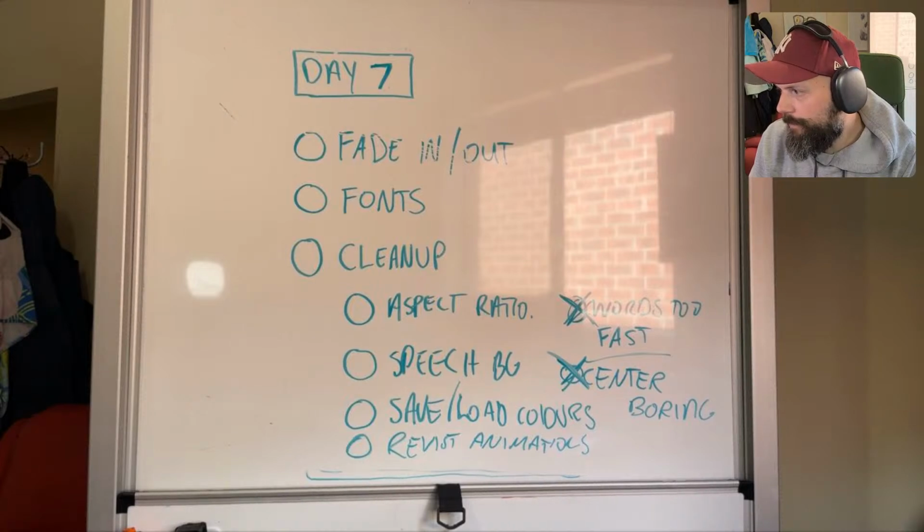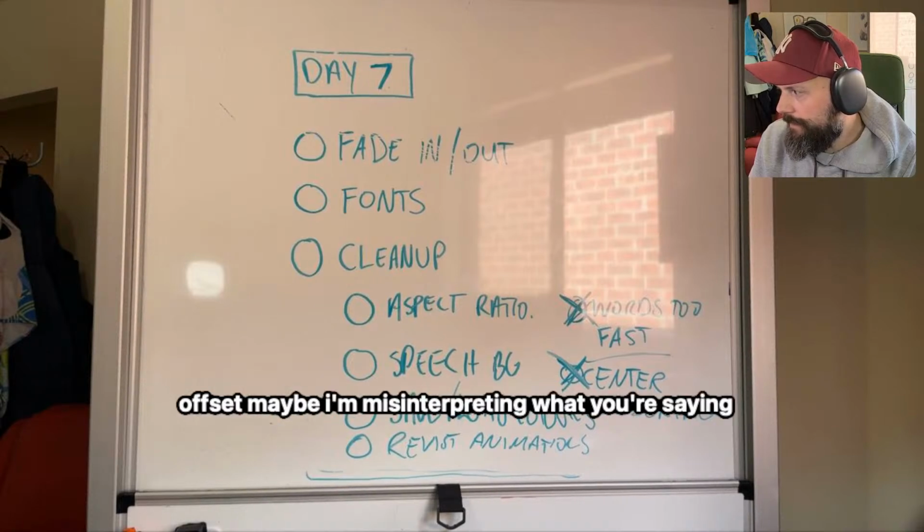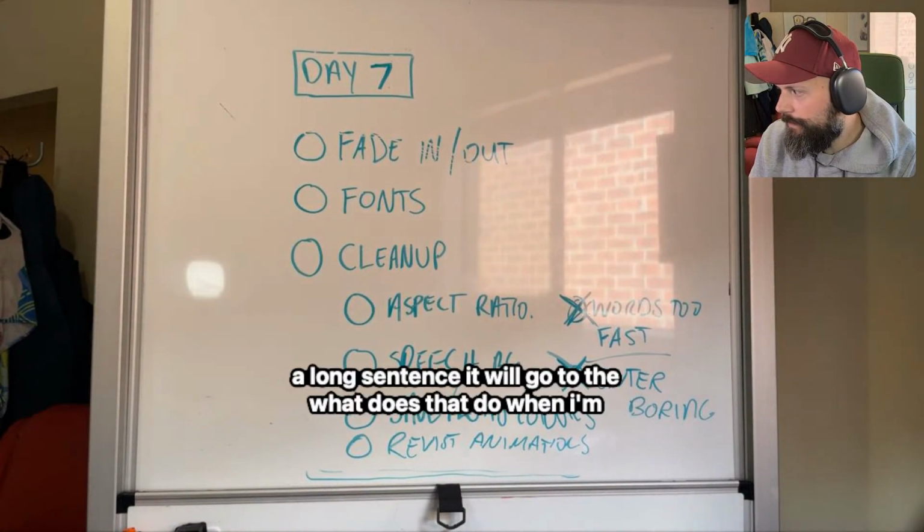Maybe I'm misinterpreting what you're saying. When I run a long sentence, it will go to the next line. What does that do when I'm reading it on the screen?